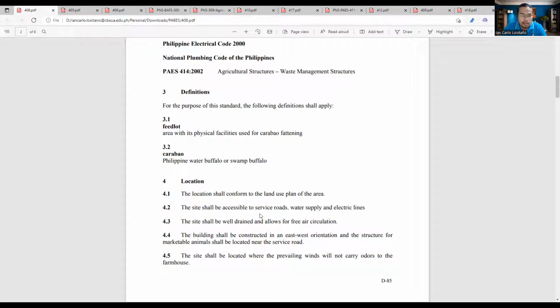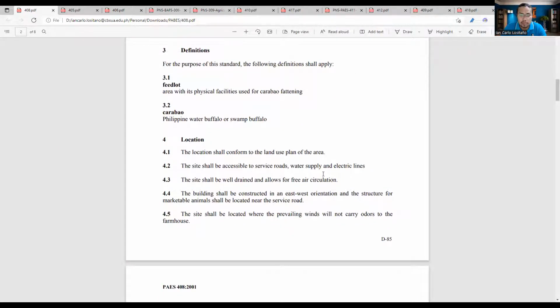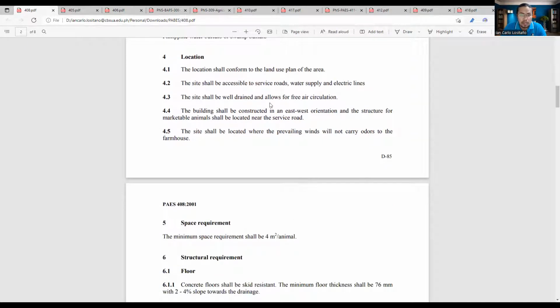And so in general, if it's going to be a farm, the farm should be located in an agricultural location. Now the site shall be accessible to service roads, water supply and electric lines, because it's going to be operated with the use of such utilities. Now the site shall be well drained and allows for free air circulation. That's very self-explanatory.